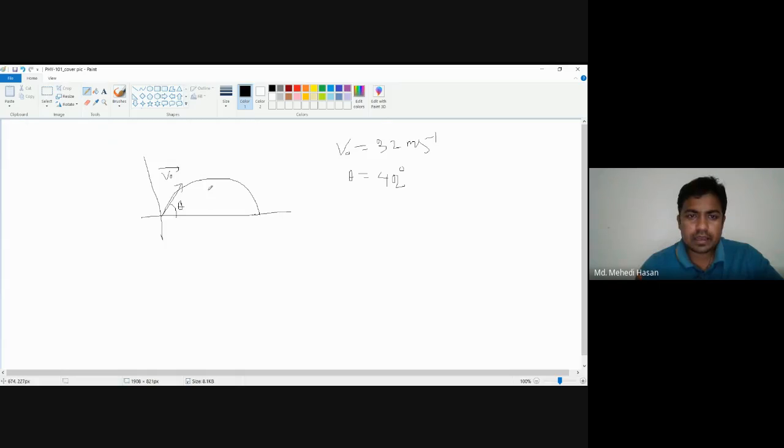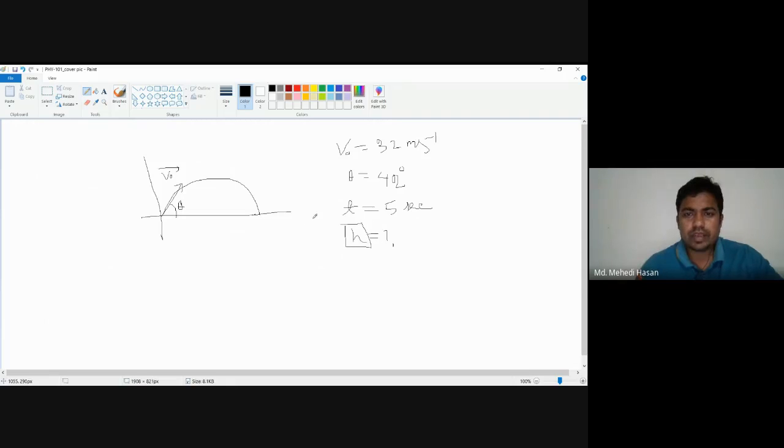At a certain time t equal to 5 second, find the height of the projectile.